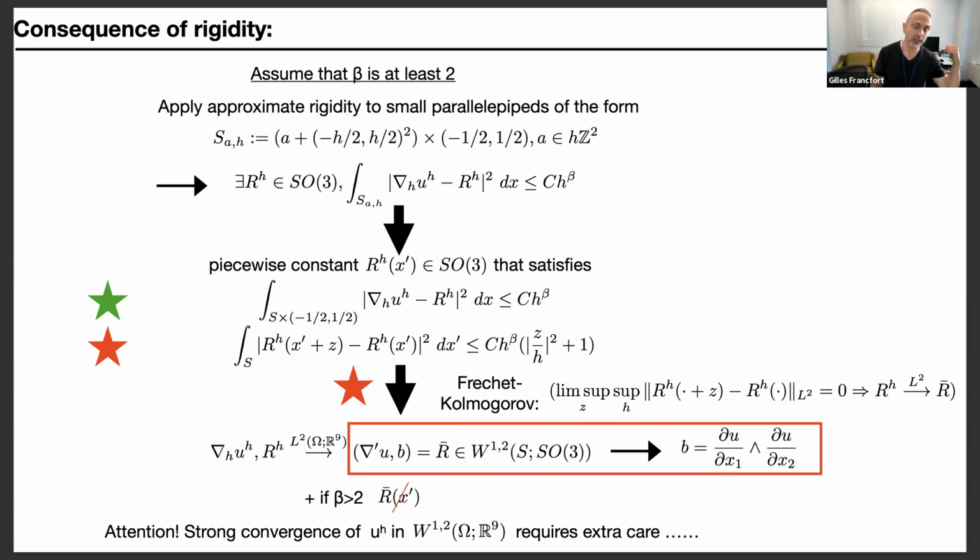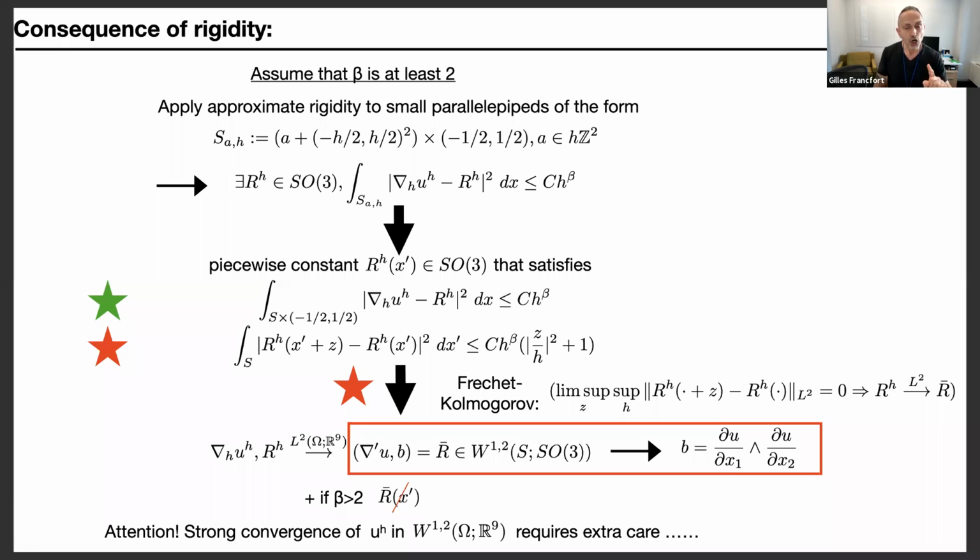But you know, that's what Irene did last time: this rescaled gradient converges to a pair (grad' u, b), so the in-plane derivatives du/dx1, du/dx2, and a third column b, which is a limit of 1 over h du_h/dx3. So you get that (grad' u, b) is actually a rotation.